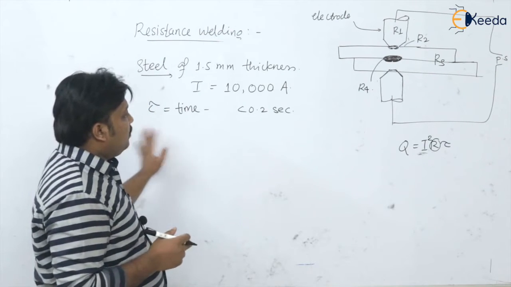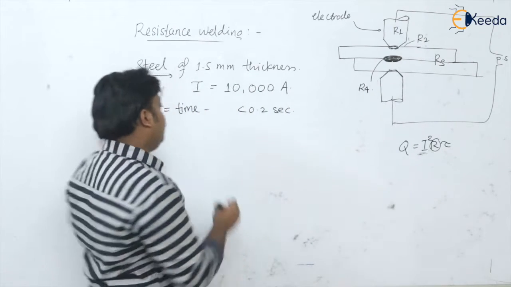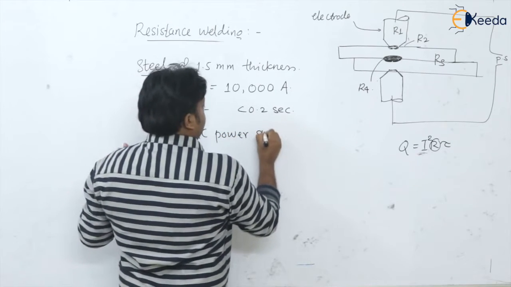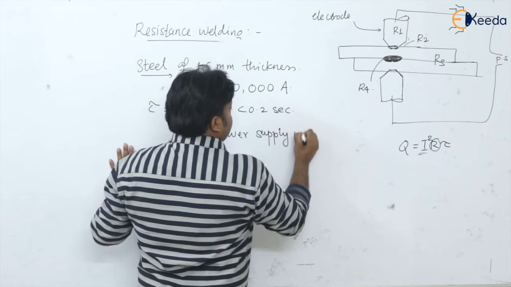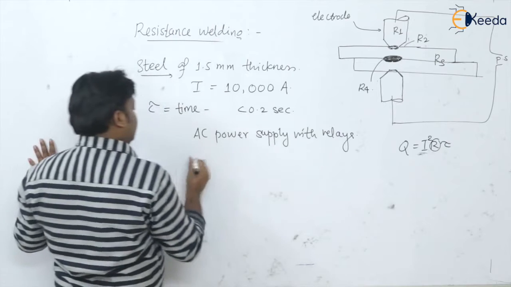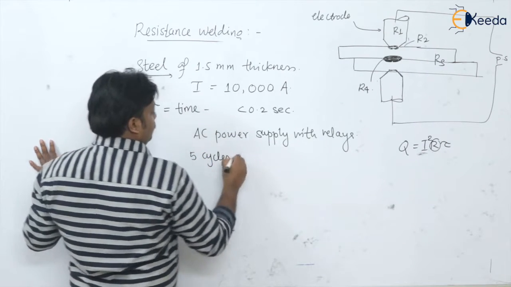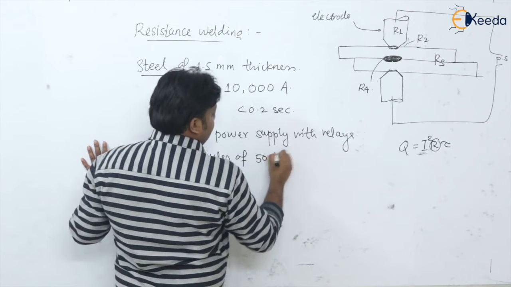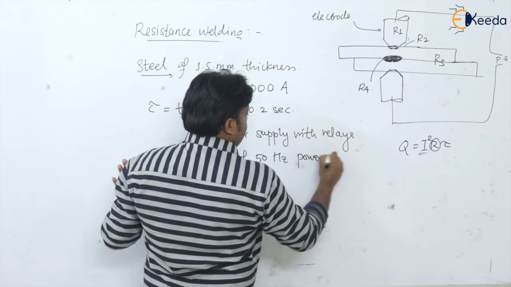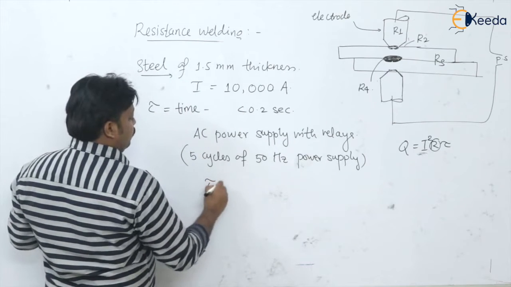So for that reason, what we are supplying here is the AC power supply with the relays. For example, if I am having 5 cycles of a 50 hertz power supply, that means I can get the time as how much?